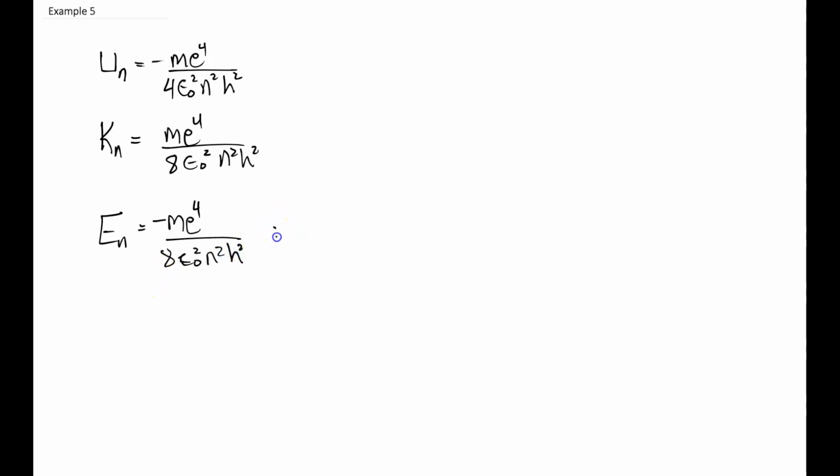But we also know that the energy of some spectral line is given by h c R, where R is equal to m e to the fourth over 8 epsilon naught squared h cubed times c.